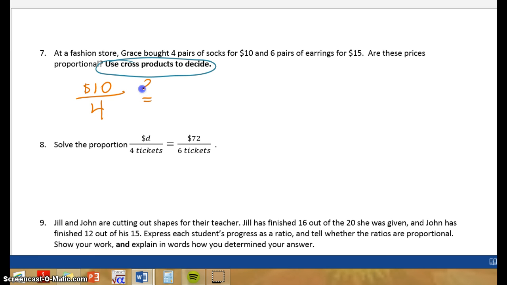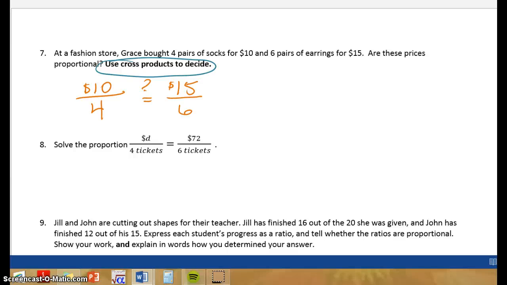We're going to see if that is equal to, or proportional to, 6 pairs of earrings, so 6 on the bottom there, for $15. We want to make sure we have our units on the same level. So my money is both on the numerator, and the actual item that we're buying, pairs of socks or pairs of earrings, is on the bottom, in the denominator.